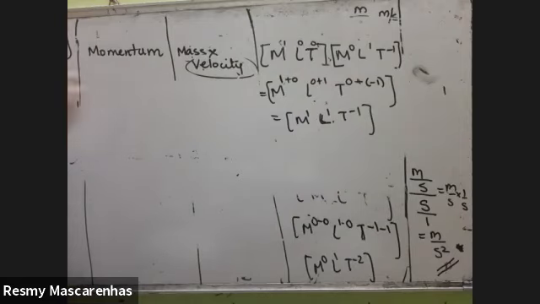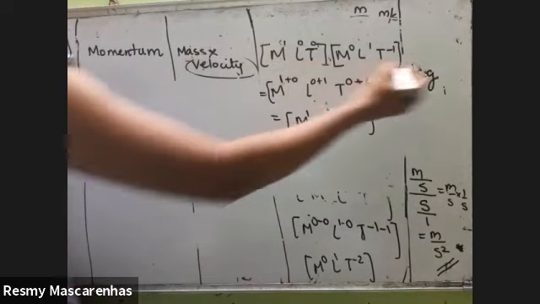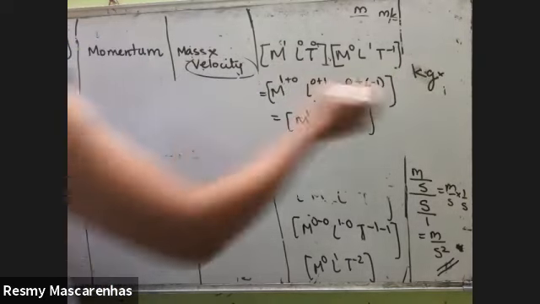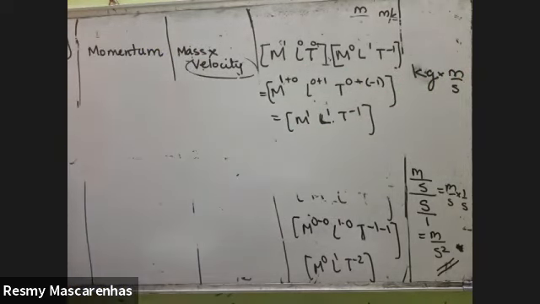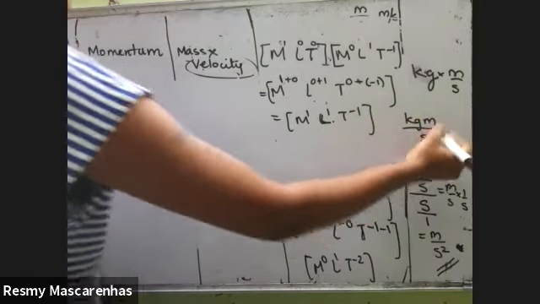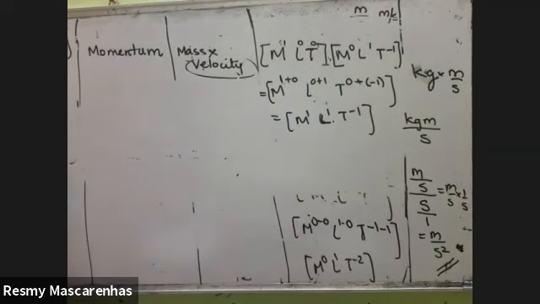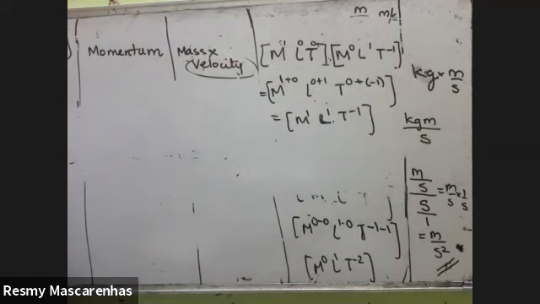Yes, kg, and then into velocity is this, so that is meter per second. This is the unit for momentum, kg meter per second. Kg into meter per second will give me kg meter per second. No need to write this multiply sign, you can directly write like that.